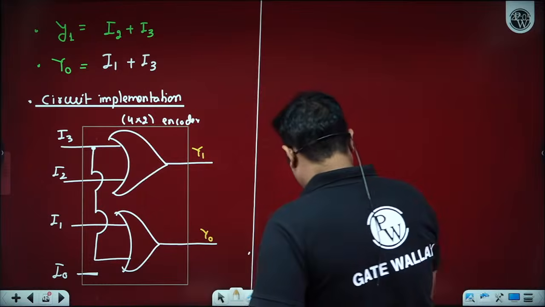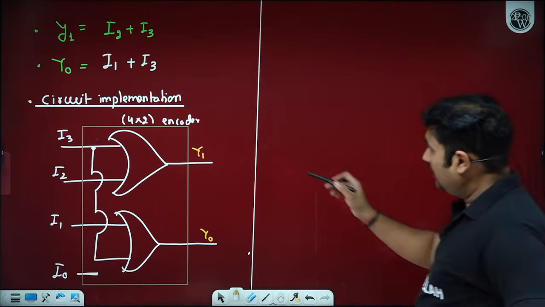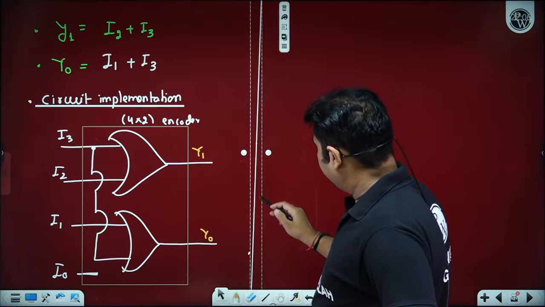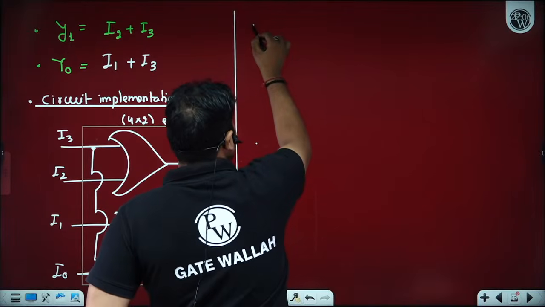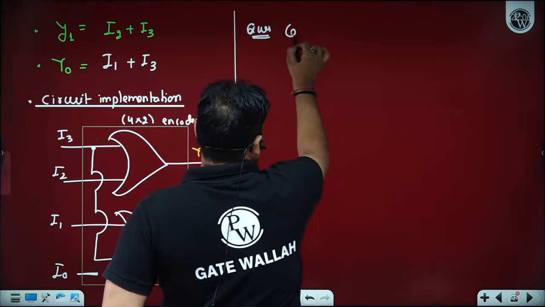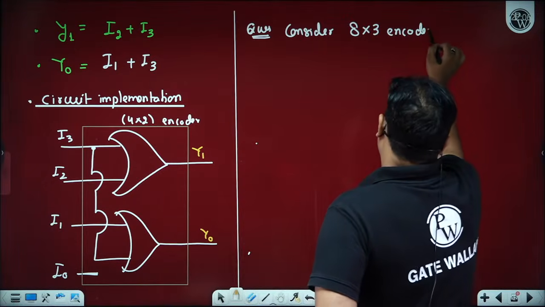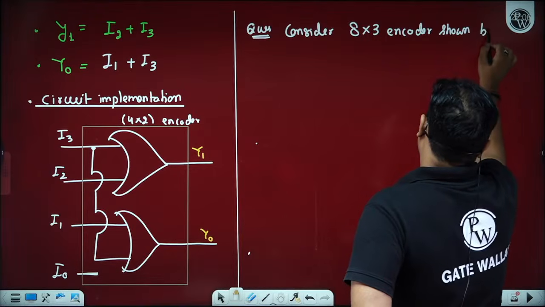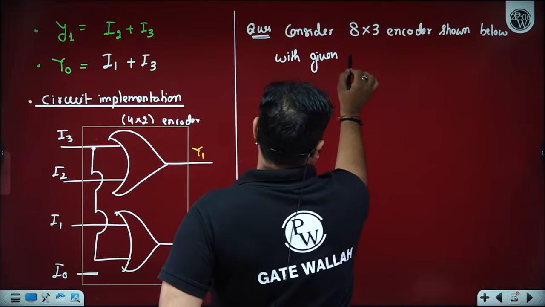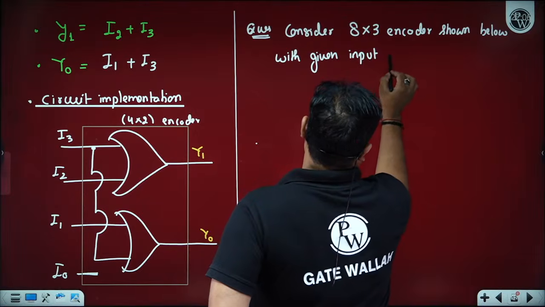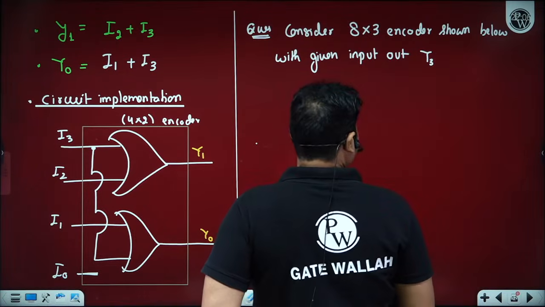Now let's talk about the 8x3 encoder shown below with the given inputs and outputs Y2, Y1, Y0.